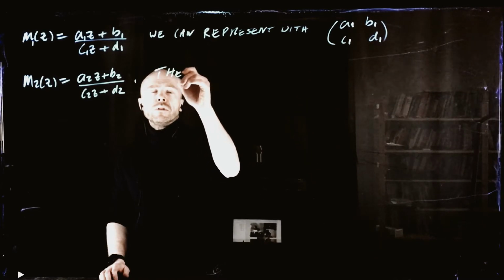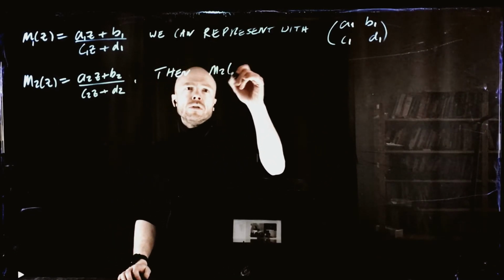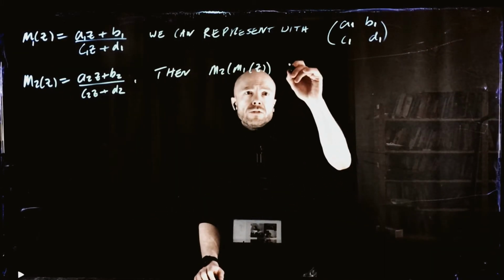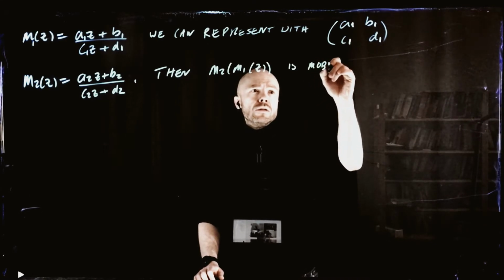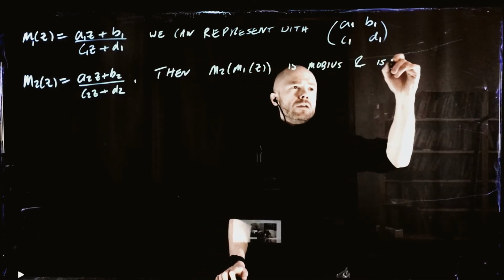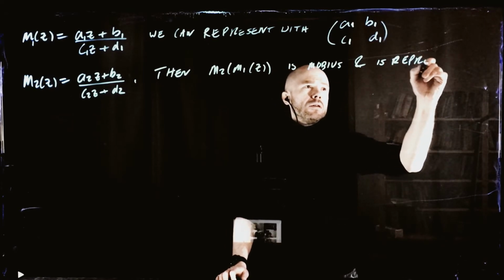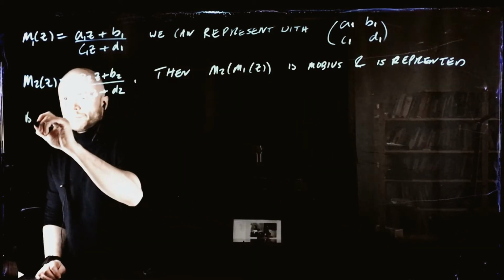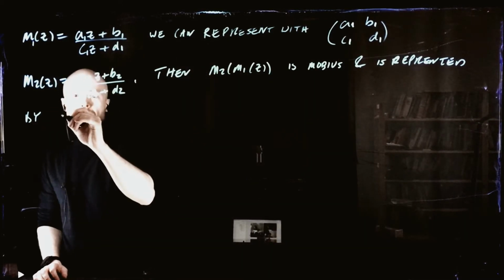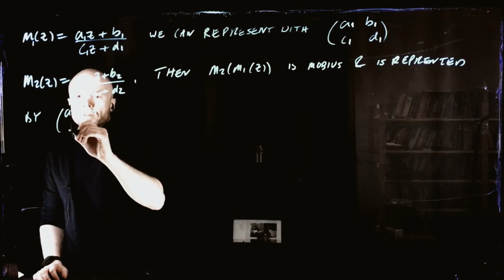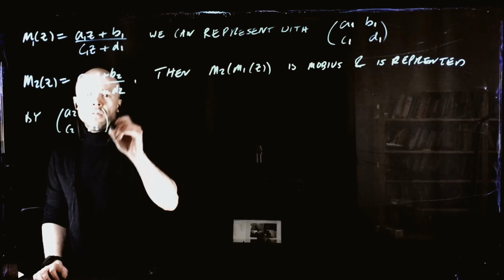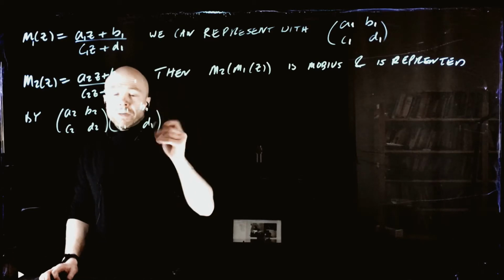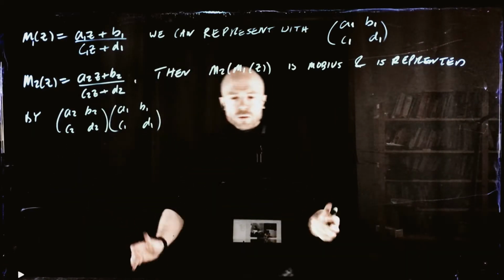Then, if we compose them, M2 of M1 of z is a Mobius transform itself, and is represented by the matrix given by A2, B2, C2, D2 multiplied by A1, B1, C1, D1, where matrix multiplication is exactly matrix multiplication in the normal sense.